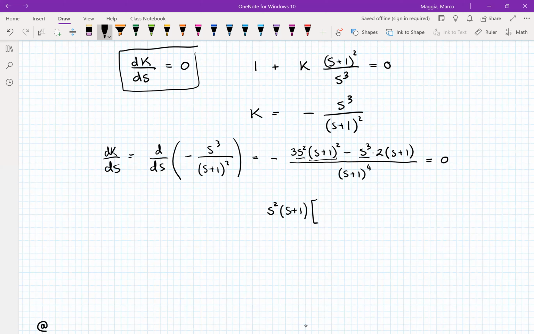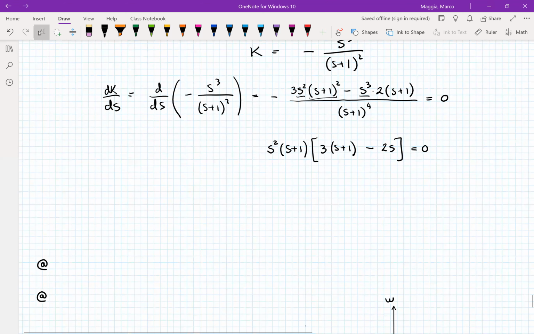So this will multiply 3 times (s plus 1), and whatever we have left on the other term, which is 2s. So this has to be equal to 0. And so we have s squared times (s plus 1), and here we have 3s minus 2s, so (s plus 3) equals 0.